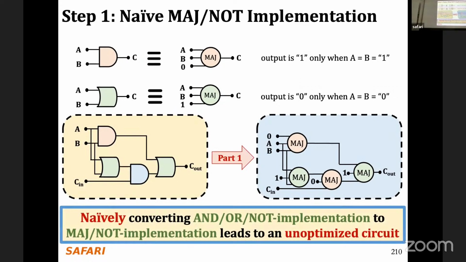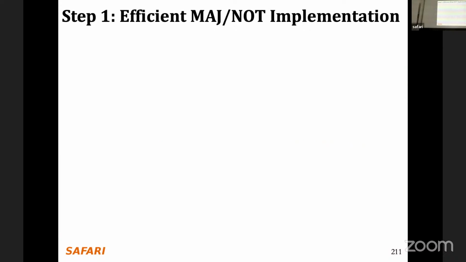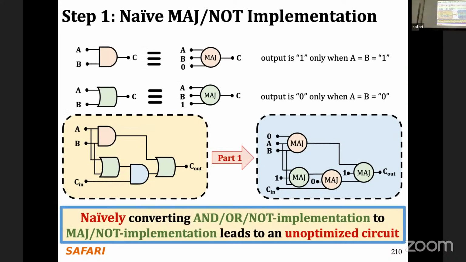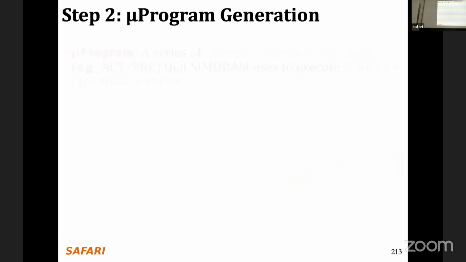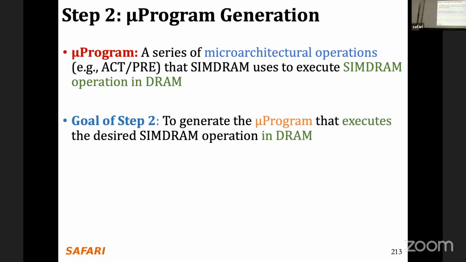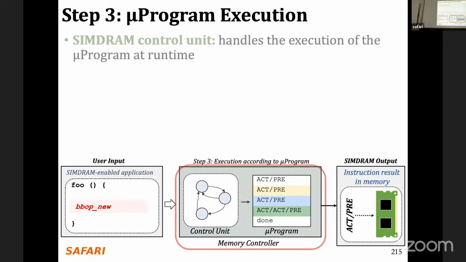So I'm not going to elaborate further on the SIMDRAM framework, but as I said, basically there are 3 steps. The first step is generating this majority-not graph and optimizing it. The second step is translating the majority graph into these microprograms, which requires you to allocate DRAM rows for computation and also finally generate the microprogram.